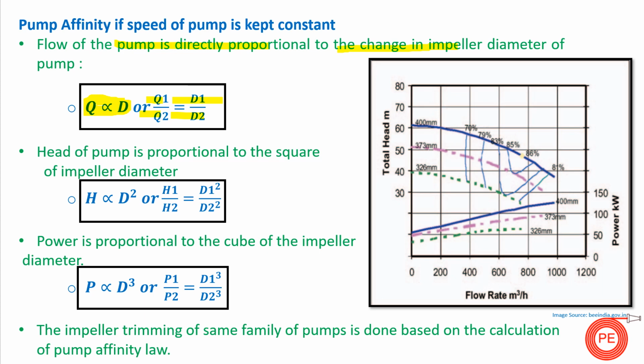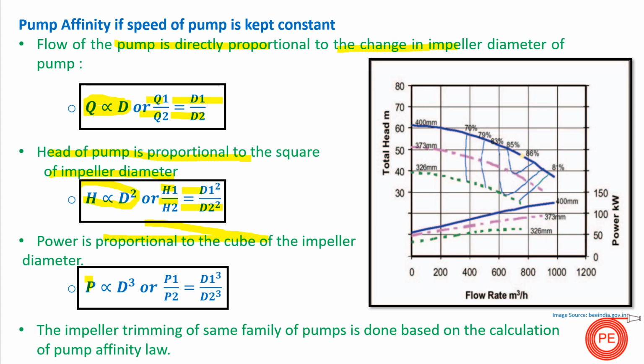Moving to head, the head of pump is proportional to the square of the impeller diameter, as it was with RPM also. H is directly proportional to D square, or H1 by H2 is equal to D1 square by D2 square. Similarly, power is proportional to the cube of the impeller diameter, as it was in the case of rotational speed.